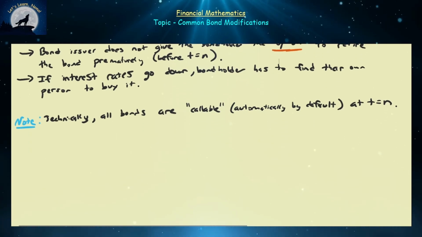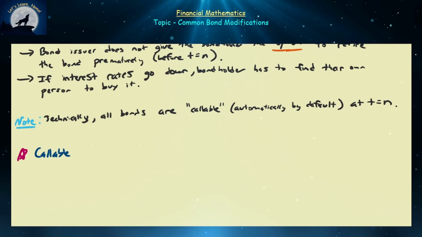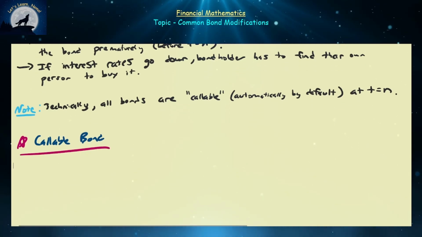So the opposite of a non-callable bond obviously is going to be a callable bond. So what is a callable bond? Take a guess of what a callable bond is.